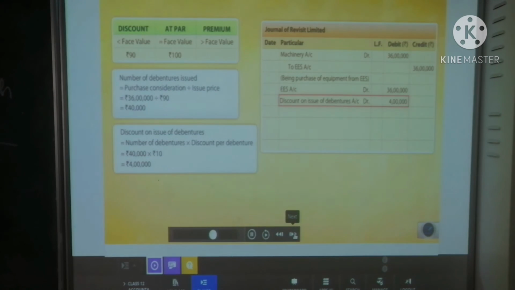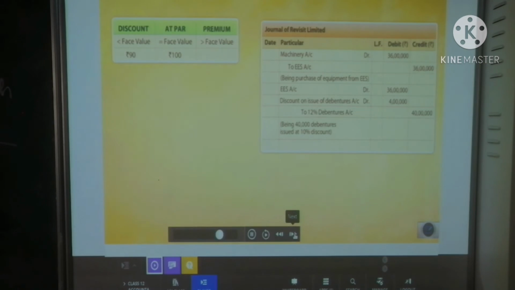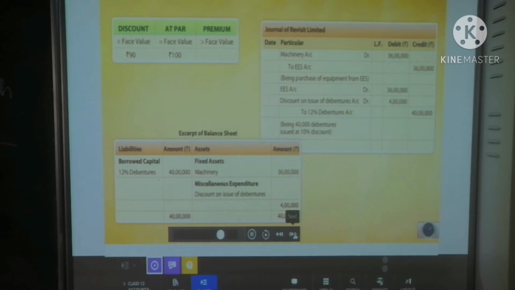Discount on issue of debentures is a loss and therefore it is debited. Debentures are a liability. The 12% debentures account is credited with 40 lakh rupees. Discount on issue of debentures is recorded under miscellaneous expenditure in the balance sheet until it is written off.